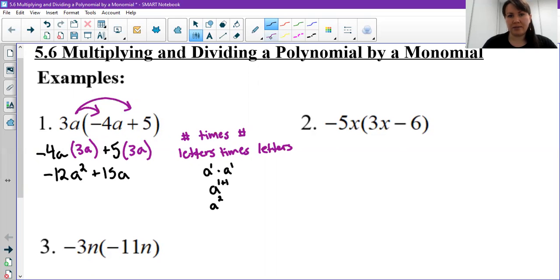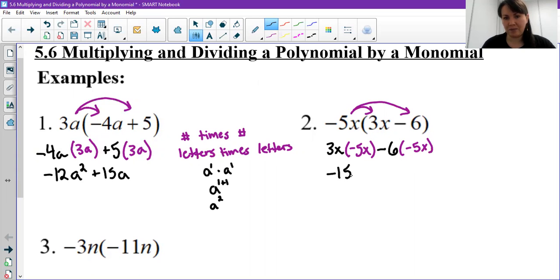Let's look at the next one. Negative 5x times 3x. So write down the first term of the polynomial, then in brackets, write down the monomial you're multiplying with. Then we're going to write down the next terms. So subtract 6. In brackets, write down the number that's in front that we're multiplying with. Okay, numbers times numbers. 3 times negative 5 is a negative 15.